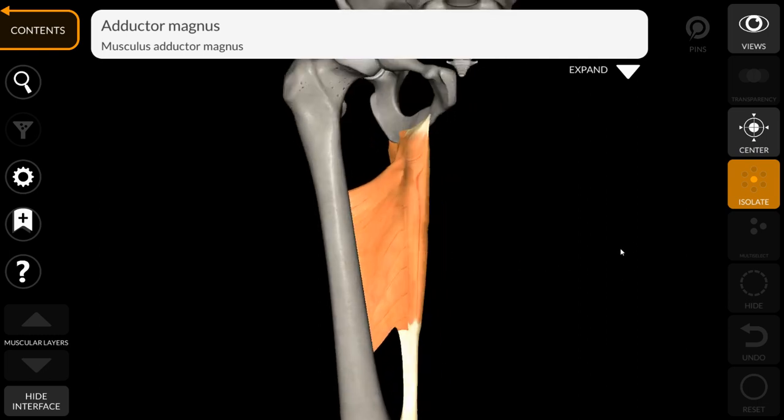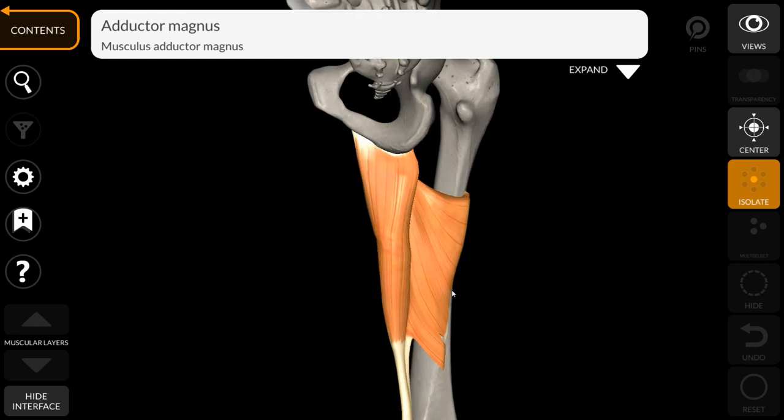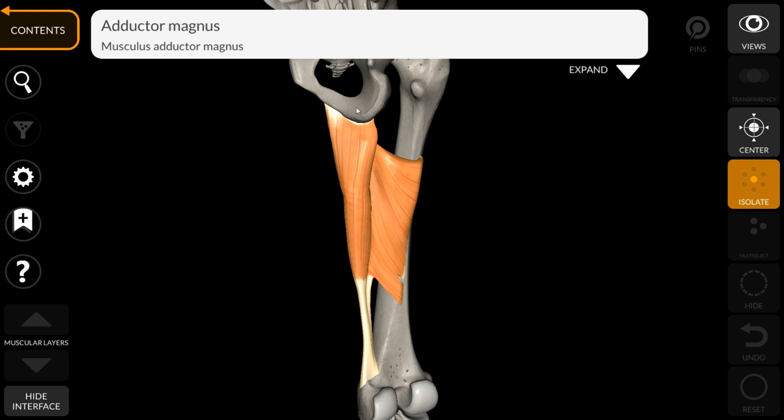So the first one that you should know, class, is the first part. Sorry, I think I explained the posterior part first. The posterior part, class, over here. Where is this muscle coming from? It comes from the ramus of ischium, and also from the ischial tuberosity.